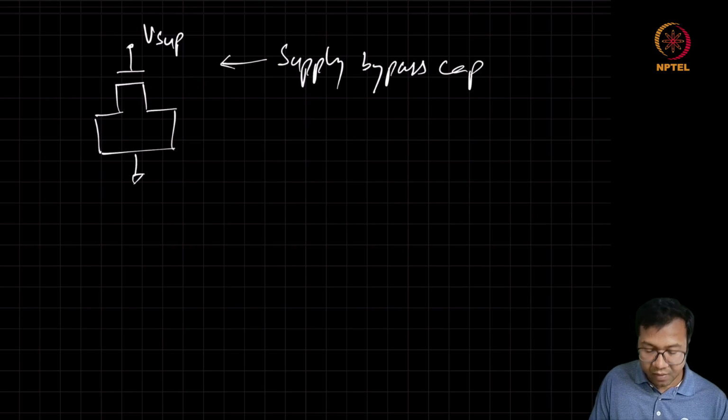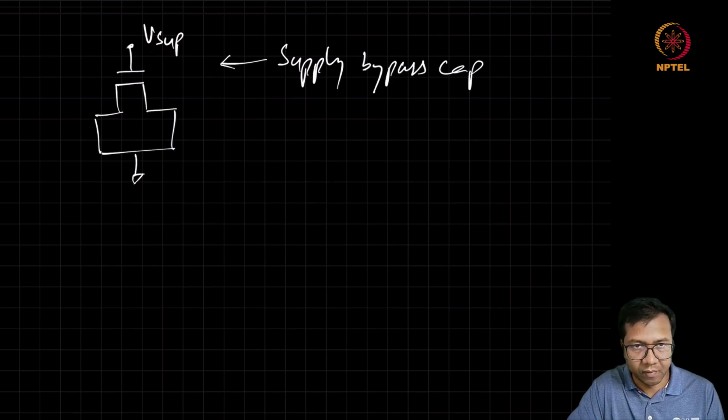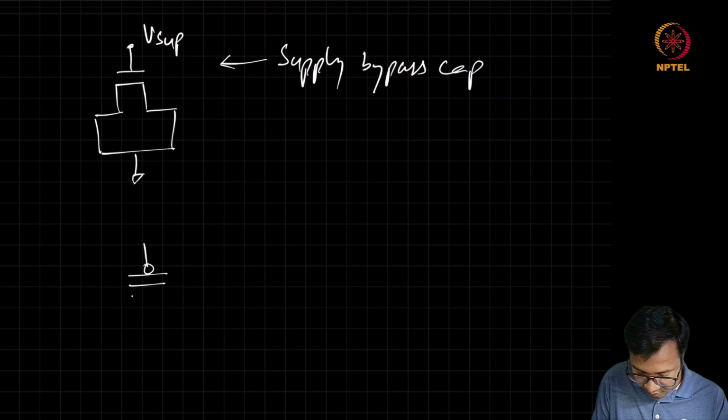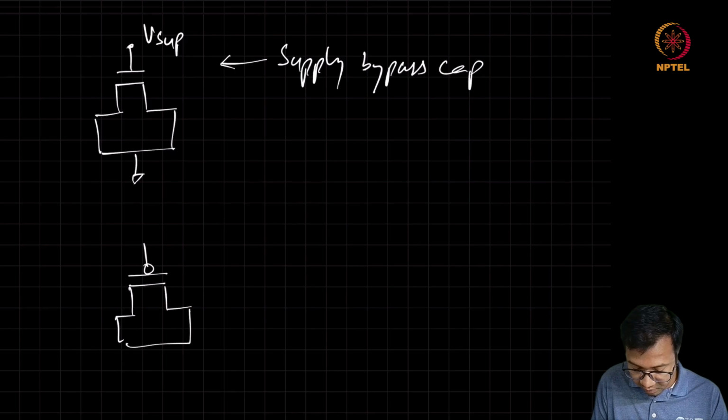Now consider cases when the capacitance which we want to form is connected to a node which is much lower than the supply voltage. In such a scenario, we may have to use a PMOS, and this PMOS source and drain are in turn connected to the supply.